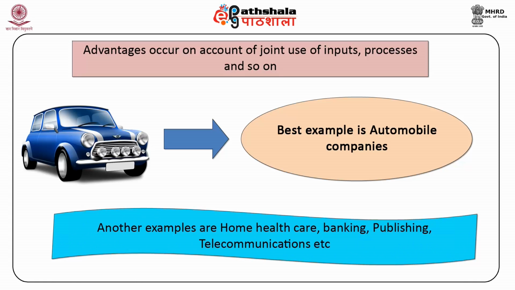Another example of economies of scope is home healthcare, banking, publishing, telecommunications, electronic based B2B providers, distribution. Automobile manufacturers use the same practices, processes, tools, and materials to design and prototype multiple products. Economies of scope are the main means of systematic reuse in commercial construction.